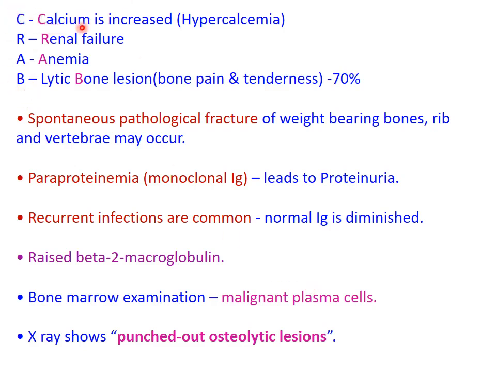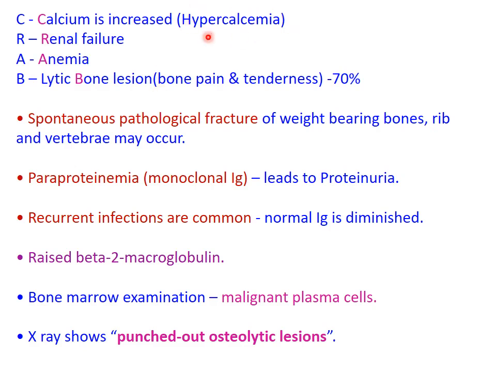C for calcium increased, that means hypercalcemia. R for renal failure, A for anemia, B for bone lesion, lytic bone lesion. So why does calcium increase? Because of the lytic bone lesion. That means from the osteolytic lesions in the bones, calcium is released into the circulation.